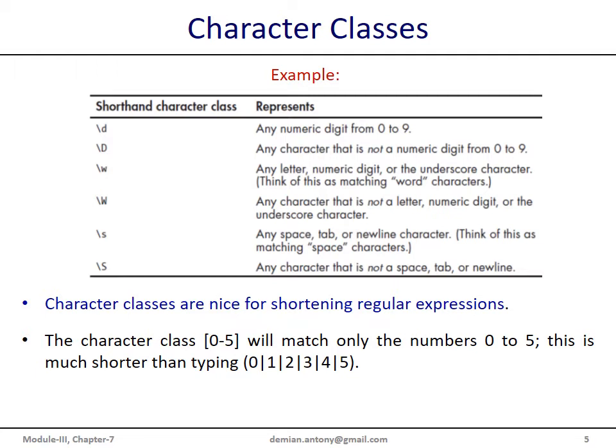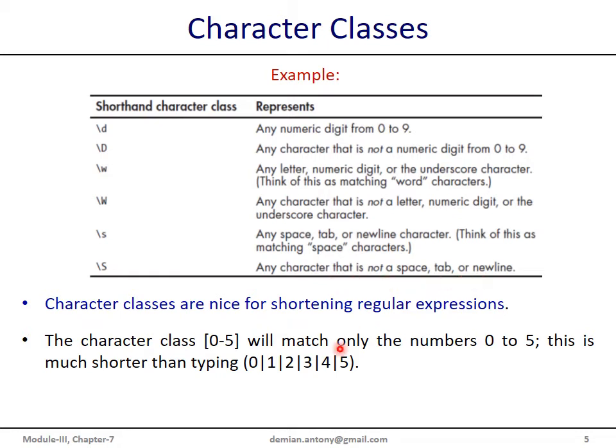Here we have a list of regular expression character classes. \d is for any numeric digit, \D is any character that is not a numeric digit, \w is any letter, numeric digit or underscore character, and capital \W is any character that is not a letter, not a digit, not underscore, and \s is space, tab or newline, and capital \S is any character that is not a space, not a tab or newline.